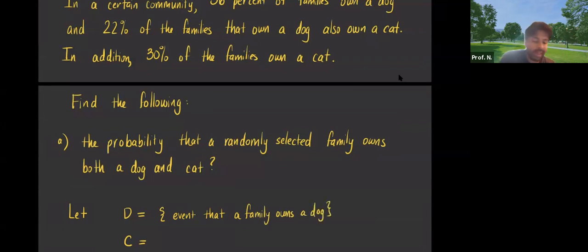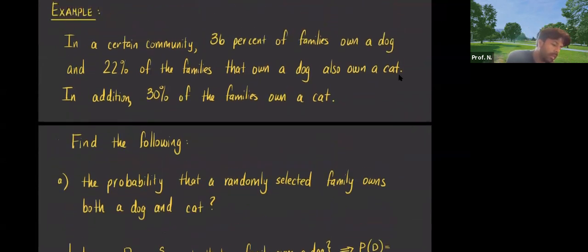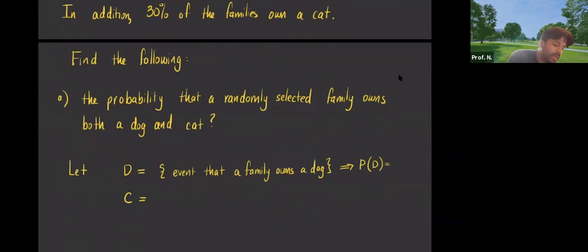That's the event. And then associated with that event is a probability, isn't there? The probability that D occurs, which is the probability that the family owns a dog, is given by this first little phrase here. So the first information that we have here is the probability that D occurs, which is 0.36. So remember, we convert our percentage into probability because probability is between 0 and 1.